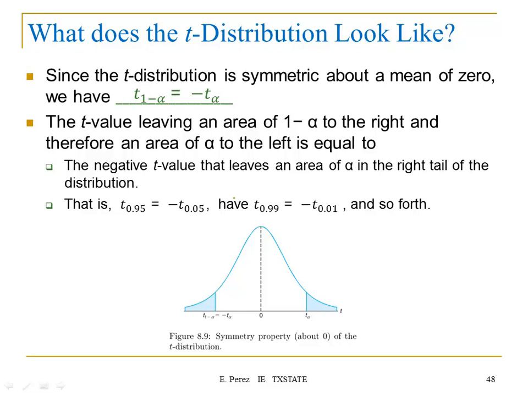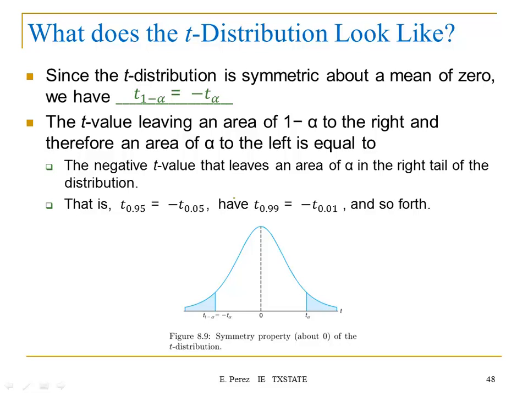T of 1 minus alpha is this area. That t of 1 minus alpha is going to be equal to minus t alpha. The t value with an area of 1 minus alpha to the right, and therefore an area of alpha to the left, is equal to the negative t value that gives an area of alpha in the right tail of the distribution.